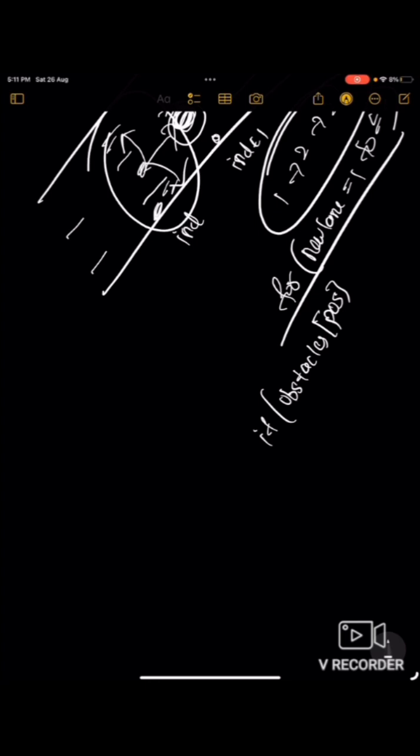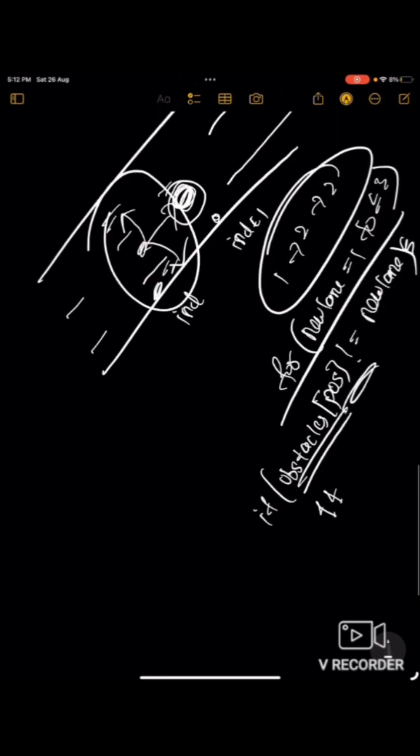At the same index you are moving sideways, right? So if the obstacles of position is not equal to new lane, what does this mean? It means that there is no obstacle in the new lane in which we are about to jump, right? So obstacles of position is not equal to new lane, and the new lane should obviously be not equal to the current lane, right? We are looping from 1 to less than or equal to 3.